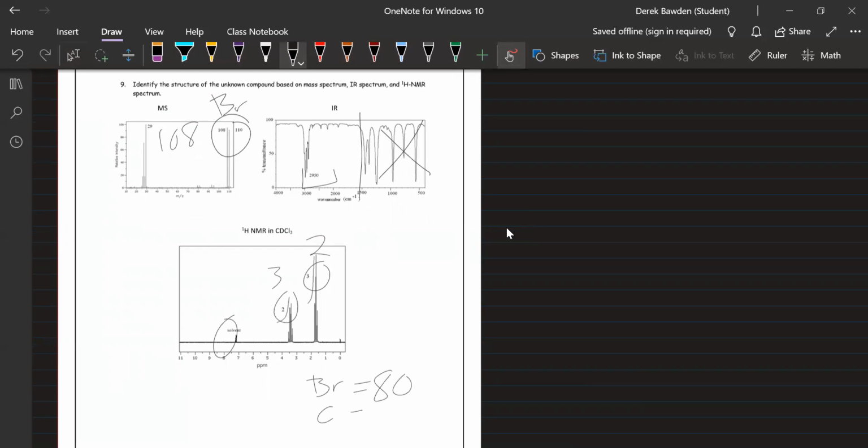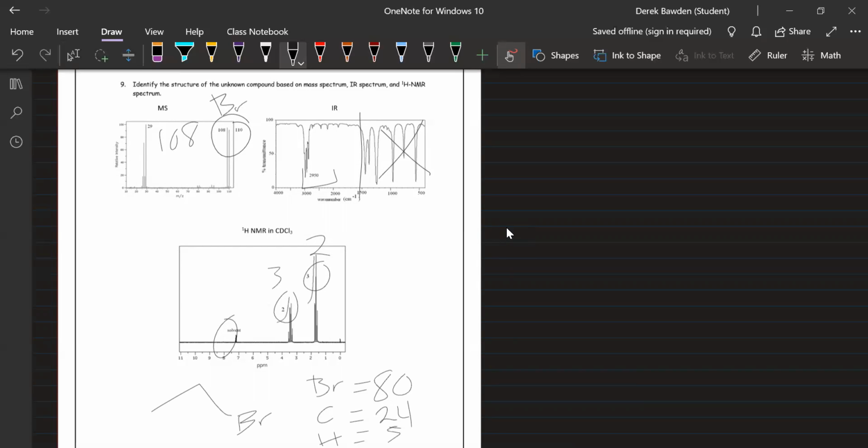Okay. Carbons. So since we know bromine weighs 80 and we're only going to 108, I would say probably 2 carbons. Do you guys agree? Yes. 24. Okay. So what that would look like is we'd have our 2 carbons and then a bromine. Okay. And that would give us 5 hydrogens.